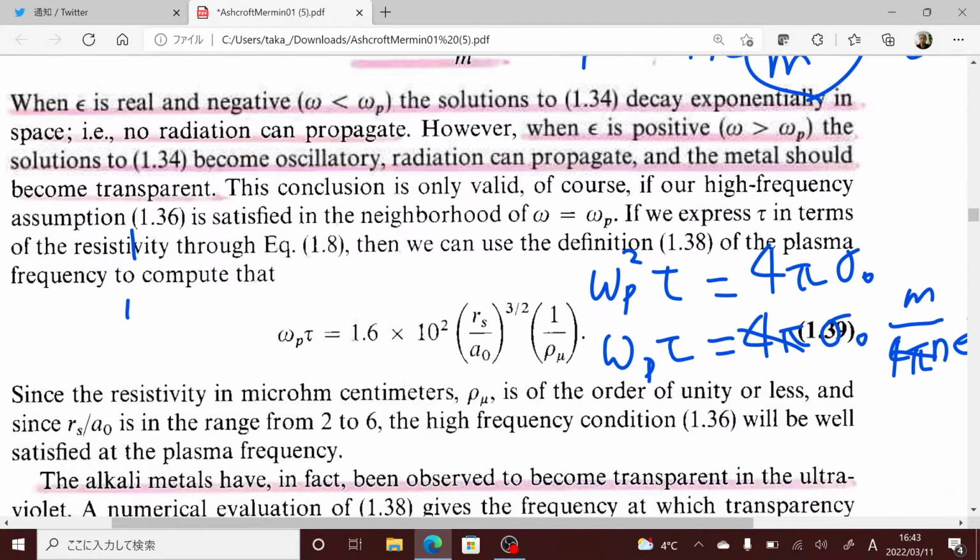Since the resistivity in micro-ohm centimeter is of the order of unity or less, that's okay. And since rs over a0 is in the range from 2 to 6, the high frequency condition 1.36 will be well satisfied at plasma frequency.